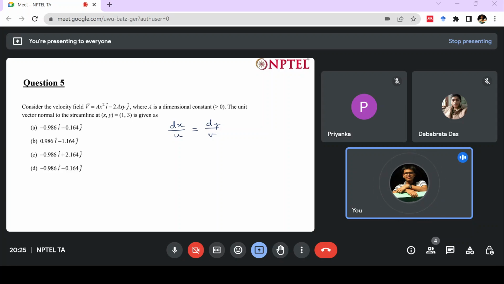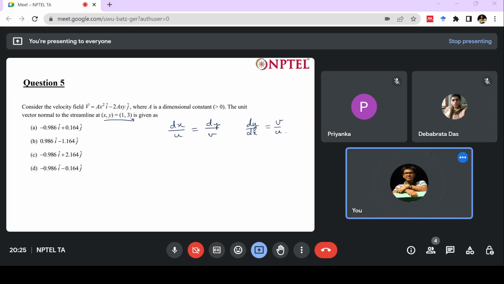Or you can also do it in the following way. You already know the slope of the streamline at this point, because slope is dy dx. So what is the slope? This is V by U.